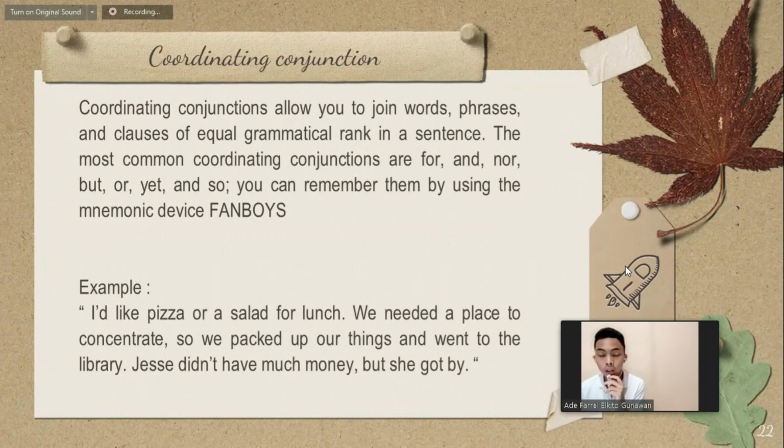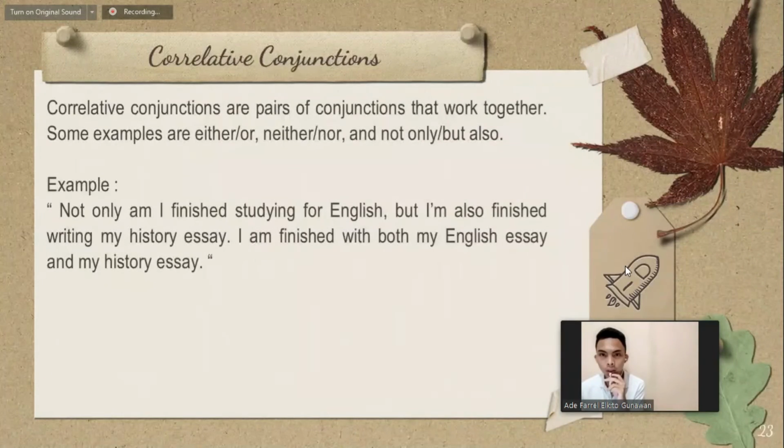Jessie didn't have much money, but she got by. The next is the correlative conjunction. Correlative conjunction are pairs of conjunction that work together. Some examples are either or, neither nor, and not only but also.